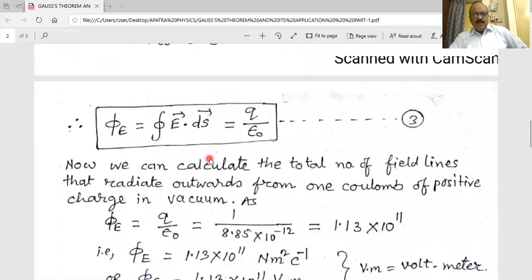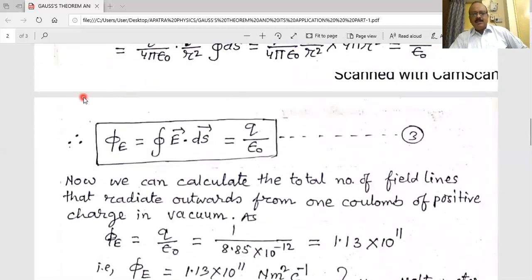Now, if you write this statement in language, what will the statement be?